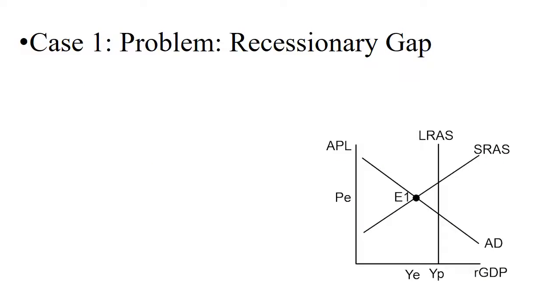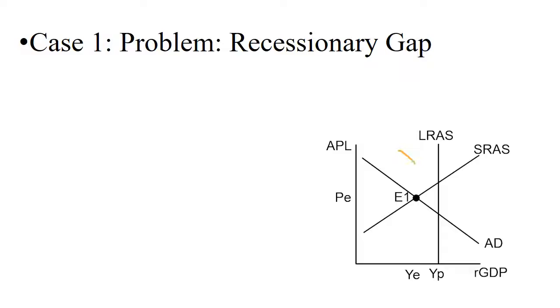Let's review how fiscal policy can be used to solve recessionary and inflationary gaps. So first, in this picture, we see that we have a recessionary gap. And so fiscal policy shifts which line on this model? Fiscal policy is going to shift AD. So which way does AD need to move to solve the gap?